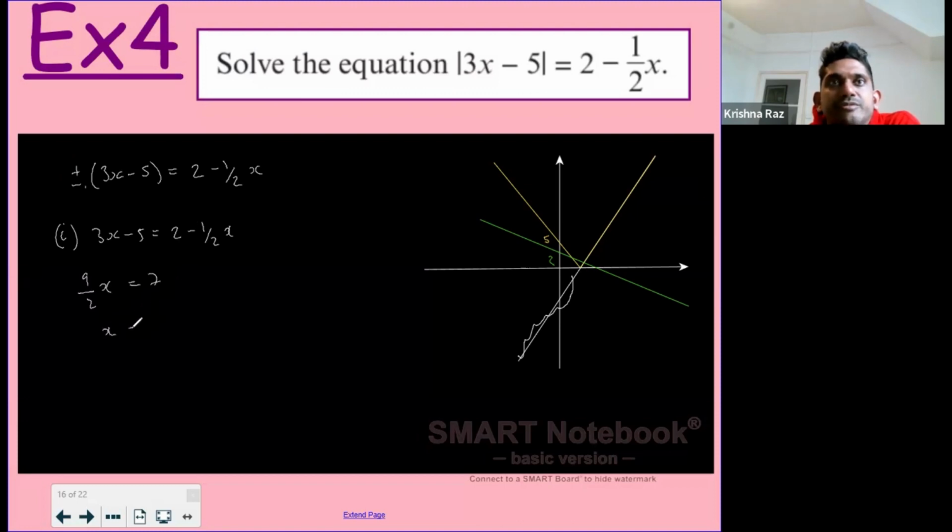So x will be 14 over 9. Oh, I did 3 plus a half is 4.5 for some reason. So let me just change that. 3.5x equals 7. x will equal 2.